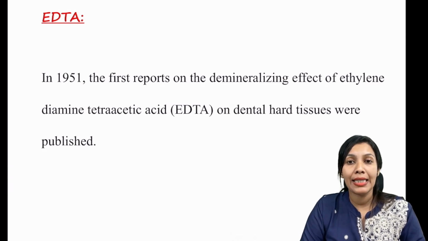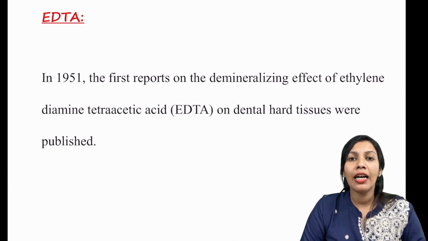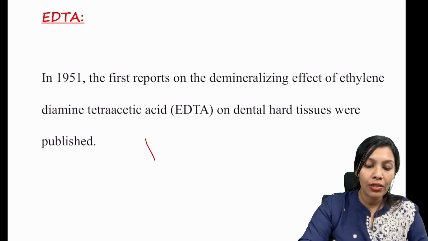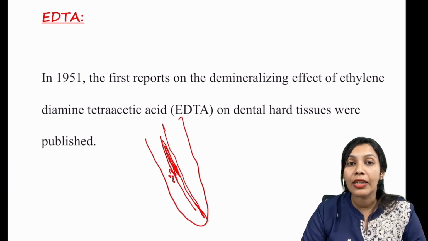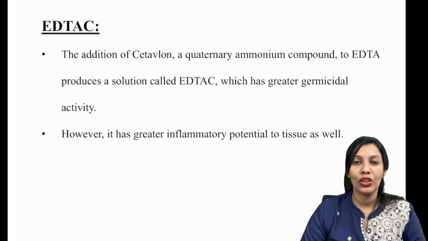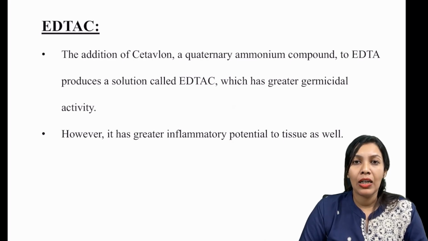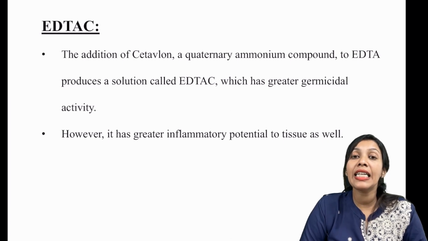Talking about EDTA. EDTA is a chelating agent. Chelating means it has the capacity to remove, if this is the tooth and pulp, if we apply the material inside, it can remove the calcium from the dentine. So it is called a chelating agent. Now there is an alteration in the composition of EDTA, EDTAC.